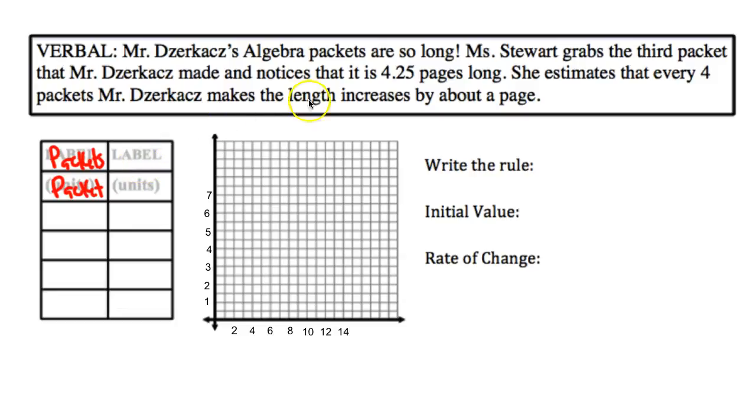The other label that we're talking about are how long the pages are. So the label will be length, L-E-N-G-T-H, and we're talking about pages here. So we've got packets down here, and this is going to be the length.